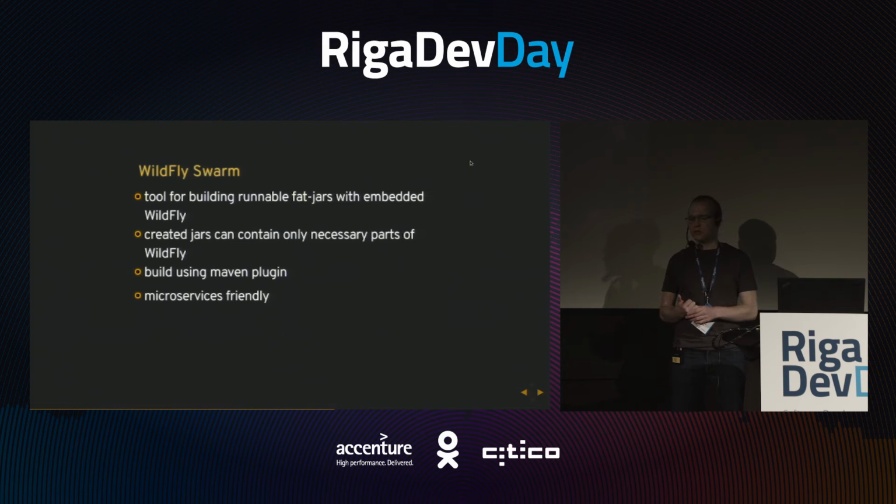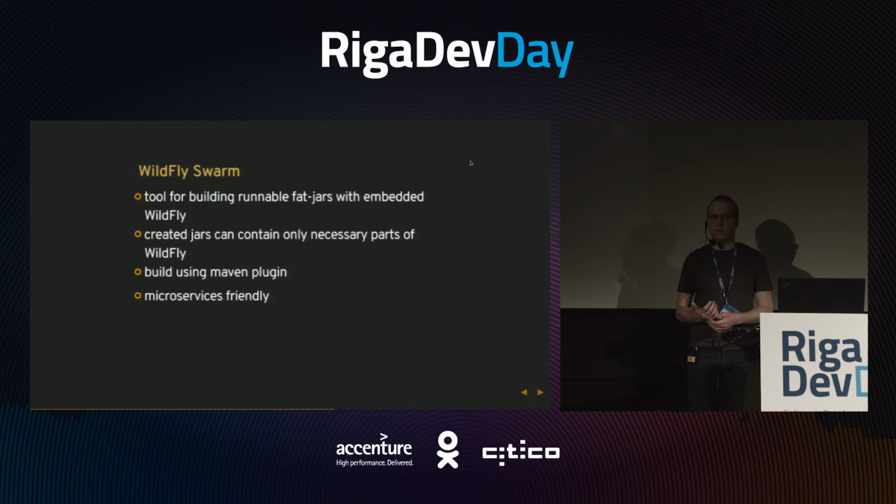It's very easy to use. If you want to create a runnable fat jar from your application with only those parts of WildFly that are necessary for you, let's suppose that you again have this REST application and want to run it as a service.